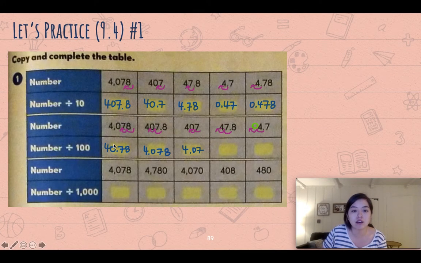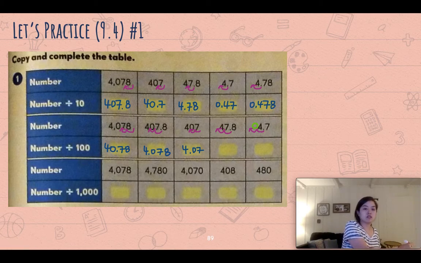Okay, so here are my answers. And, ooh, maybe I didn't write my answers for that one. So let's see. So 47.8 becomes 0.478 and then 0.047.